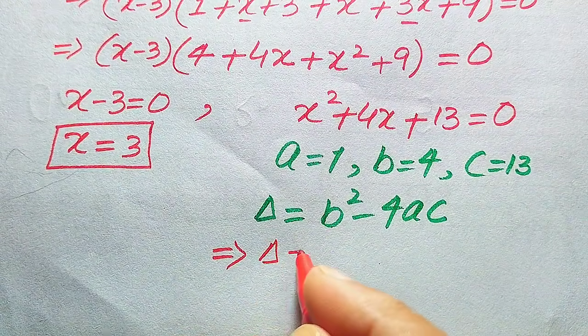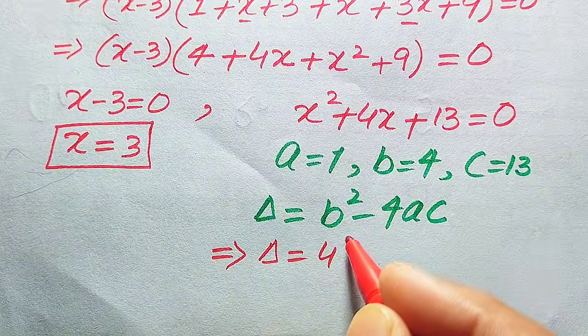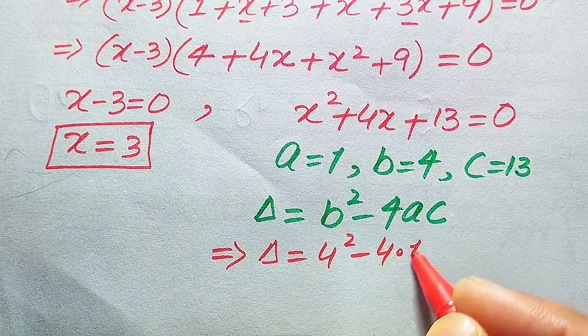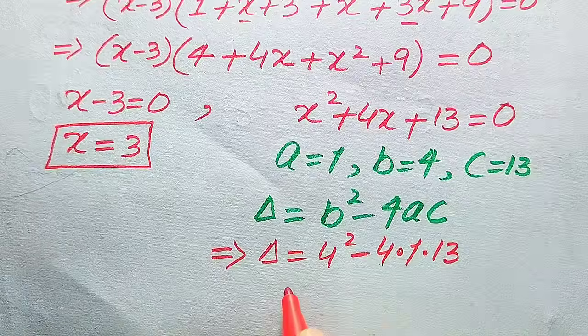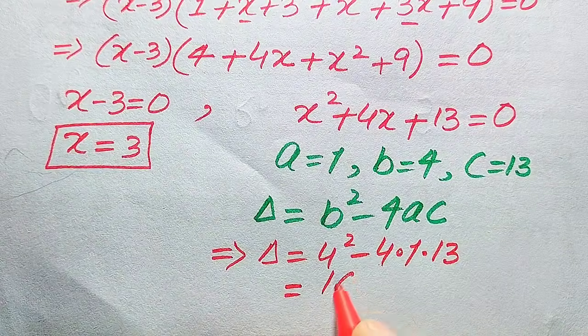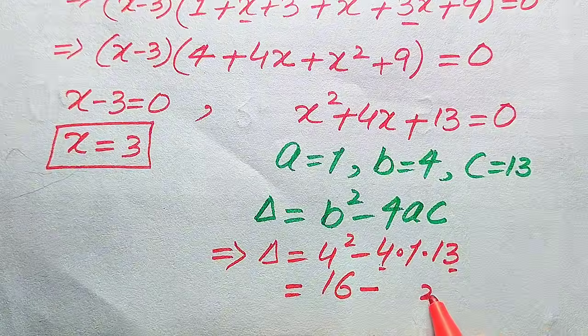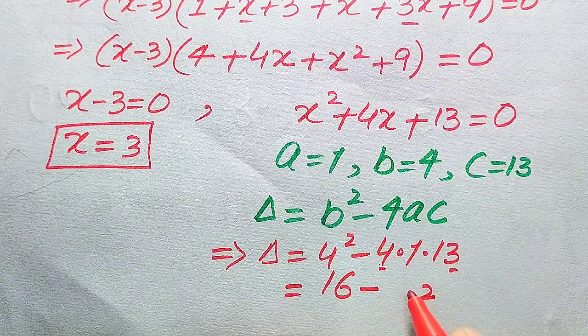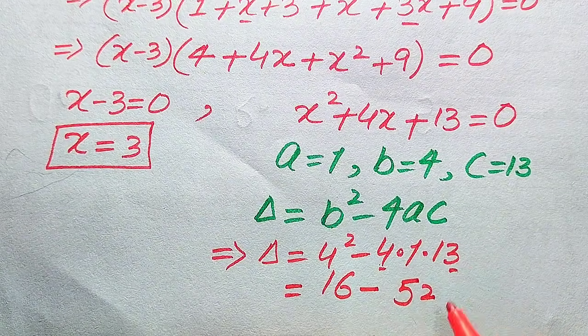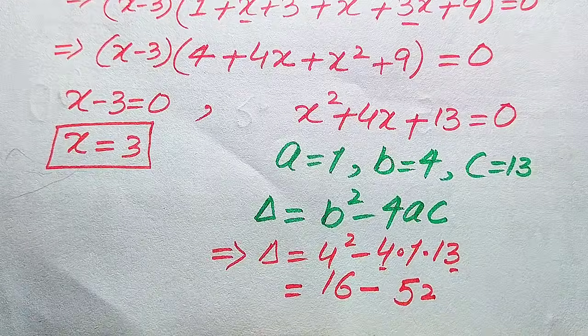So delta equals b square, b is 4, so 4 square minus 4 times a is 1, c is 13. We get 4 square becomes 16 minus 4 times 13. 4 3s are 12, we write 2 and carry 1, 4 1s are 4 plus 1 becomes 5. 4 times 13 becomes 52.